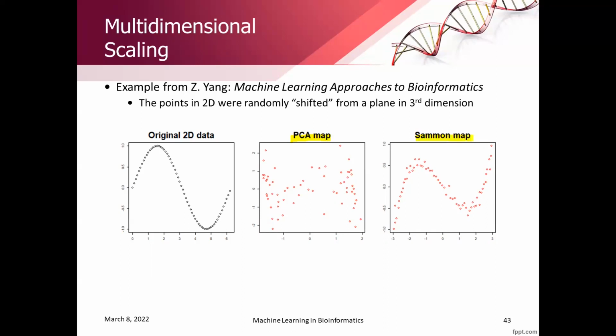So we can see that multidimensional scaling groups the data a little better, so that we can recognize that there is some smooth function from which the data were sampled. Of course, the random noise, which was added as the third dimension, causes this to not be completely smooth.